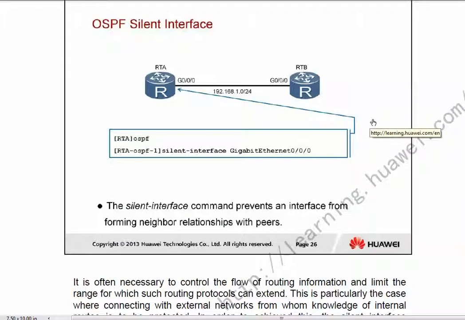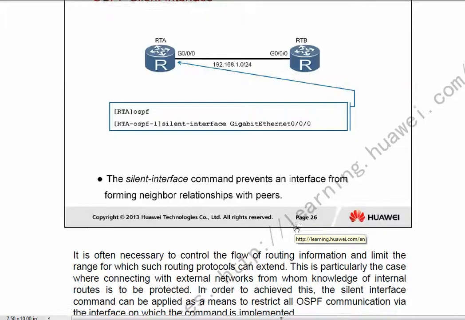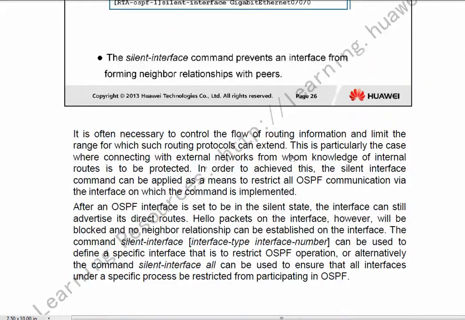OSPF silent interface. You can go to the OSPF process and silence the interface. The silent-interface command prevents an interface from forming a neighbor relationship with peers. This is particularly useful when we are connecting with external networks, where you want to protect your internal routes.